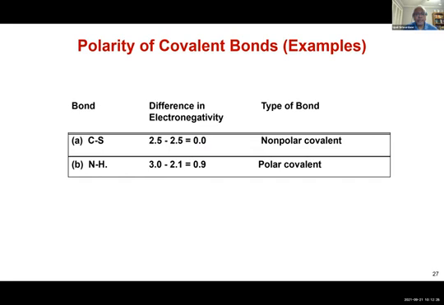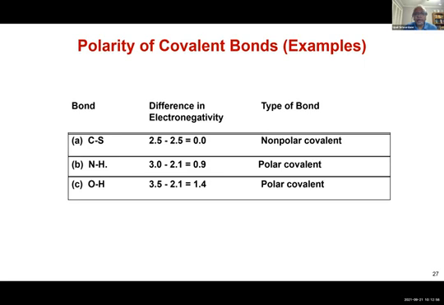Ammonia has N-H bonds. Nitrogen is 3.0, hydrogen is 2.1. The electronegativity difference, the lower value subtracted from the higher value, is 0.9. 0.9 is between 0.5 and 1.9. Therefore, the N-H bond is considered a polar covalent bond.